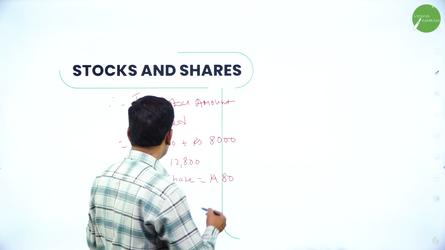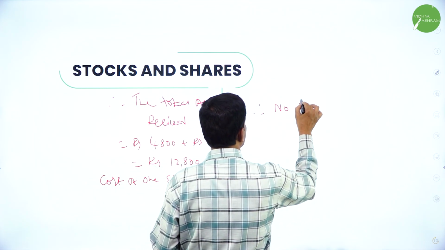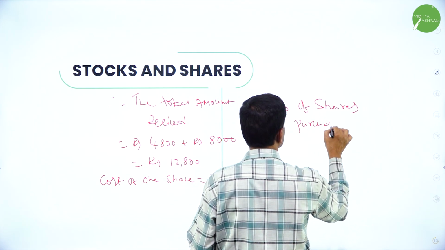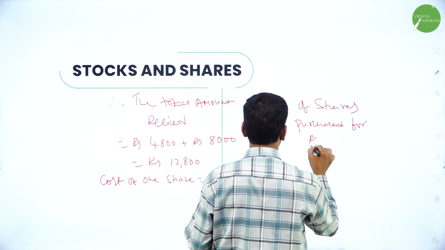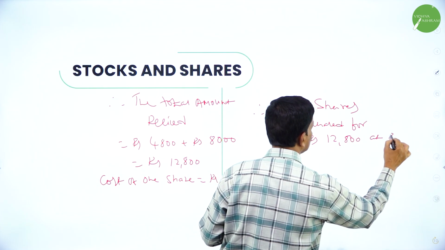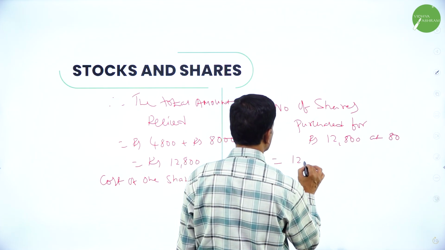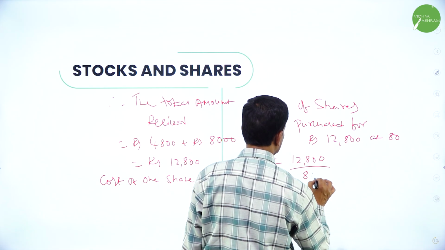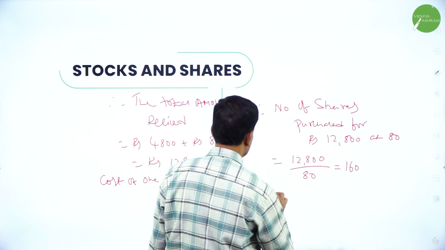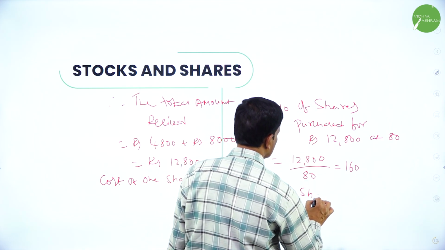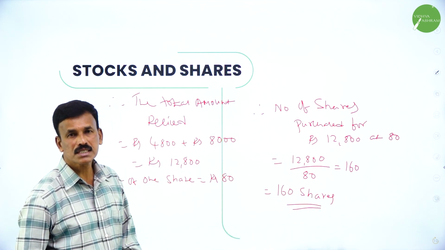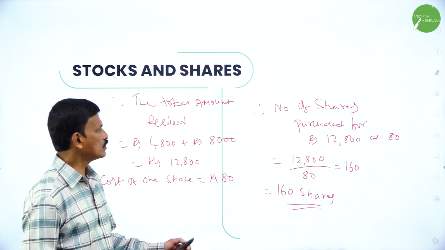Now the number of shares purchased, for rupees, what is the investment? 12,800 at 80 is equal to 12,800 divided by 80. That's equal to 160. So 160 shares he will purchase. So the number of shares purchased is 160. That's it. Okay. Now move on to the next problem.